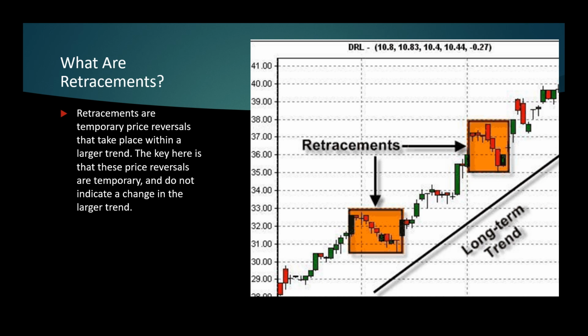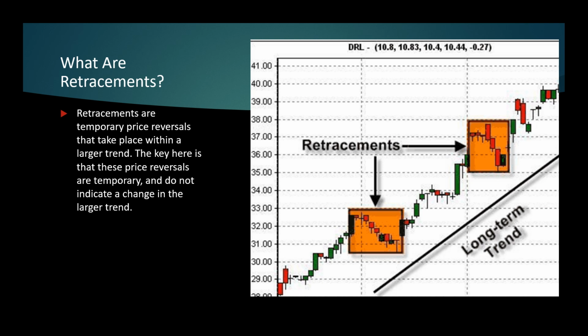And this occurs within a healthy price movement. A good trend is a series of push and eases, peak and valley, or as we know them in technical terms, higher high, higher low, higher high, higher low, higher high, higher low.